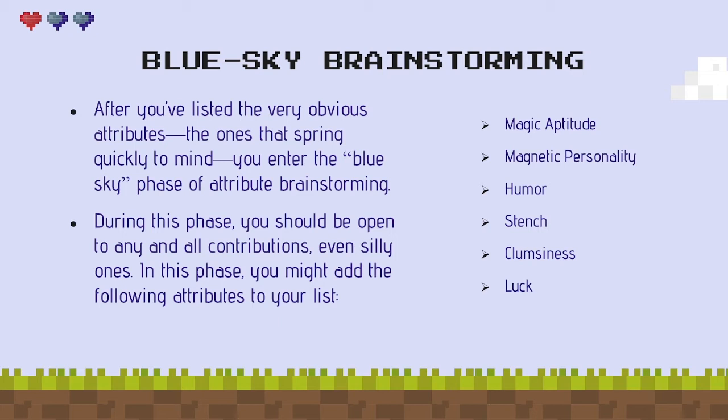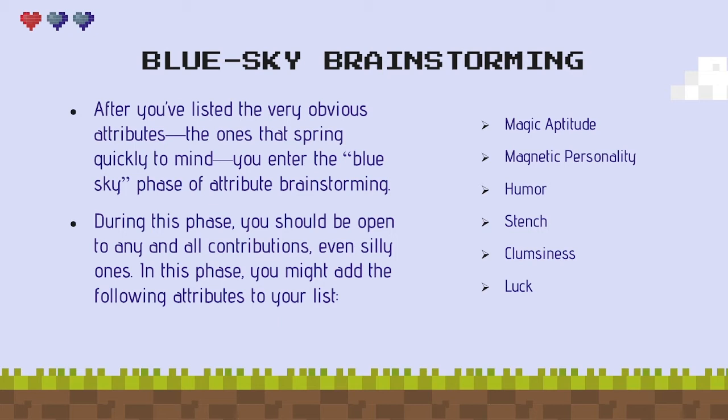You perform a second brainstorming wherein hindi na yung mga something na obvious yung ilalagay natin as your attributes. You think of an attribute na sabihin na natin is not commonly seen on these characters, okay? Tapos you list them down.